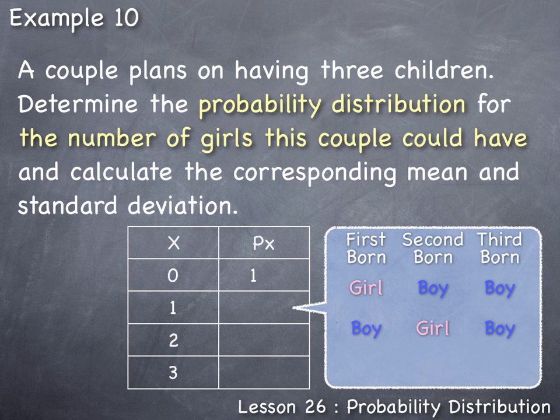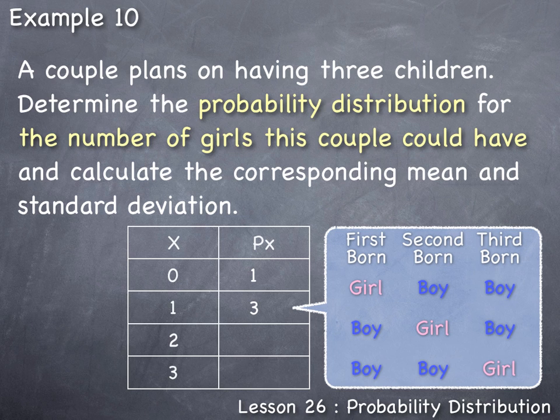So there's a boy born first, the girl is second, and the boy is born third. But there's another occurrence. That is, the one girl could be the youngest or thirdborn. So we have a boy first, a boy second, and the girl third. These are 3 different possibilities that all result in x equals 1, one girl born out of the 3 children. So there's a total of 3 possible ways x could equal 1.